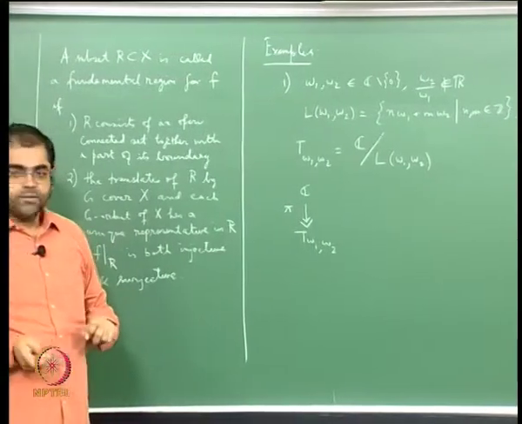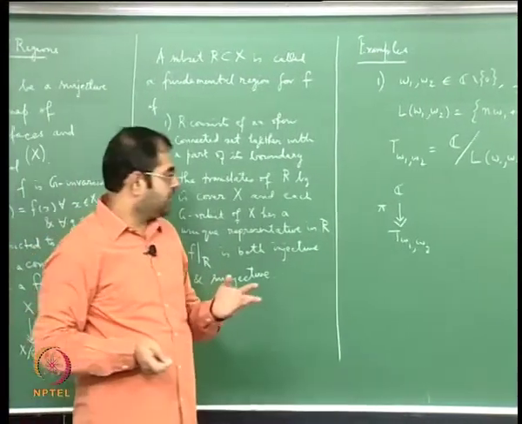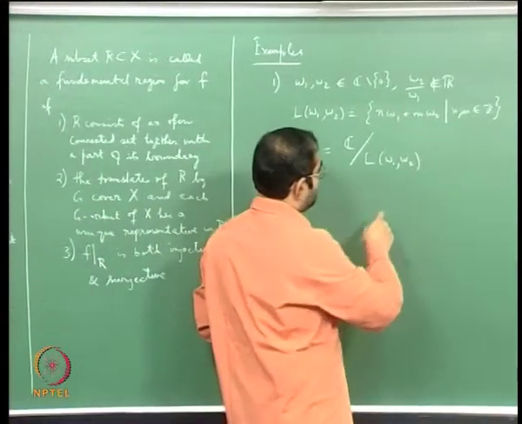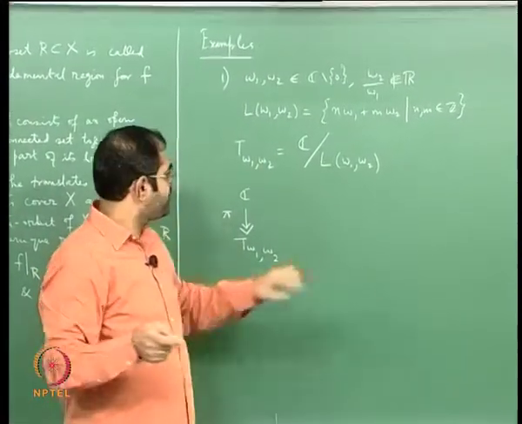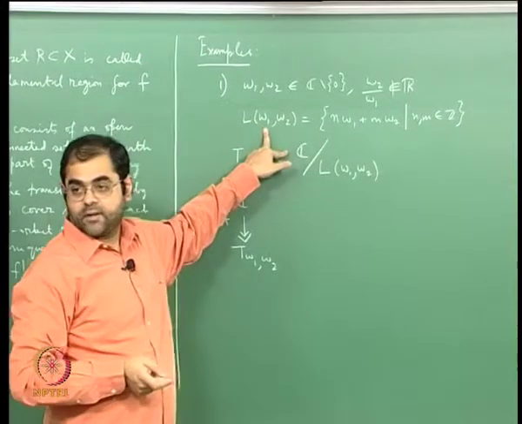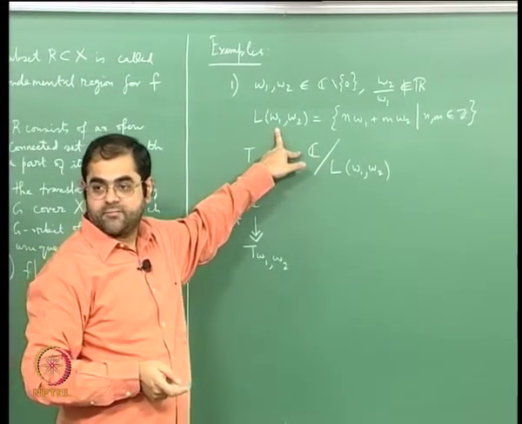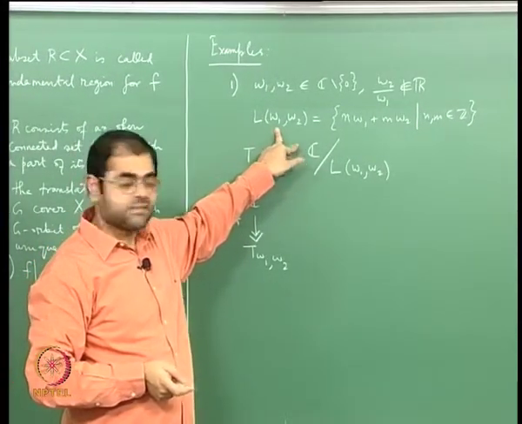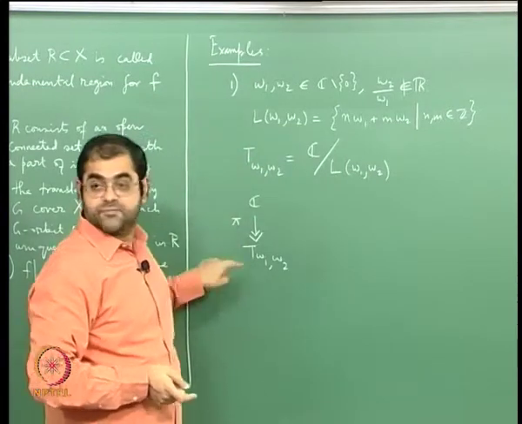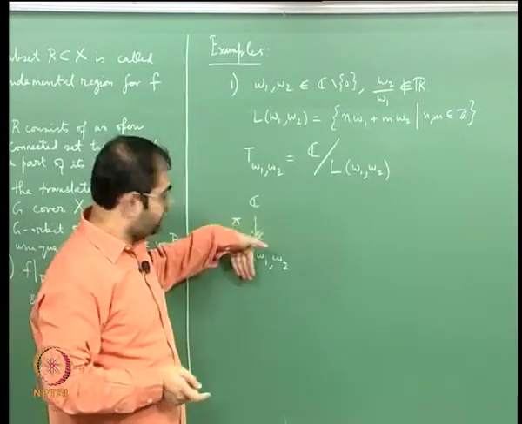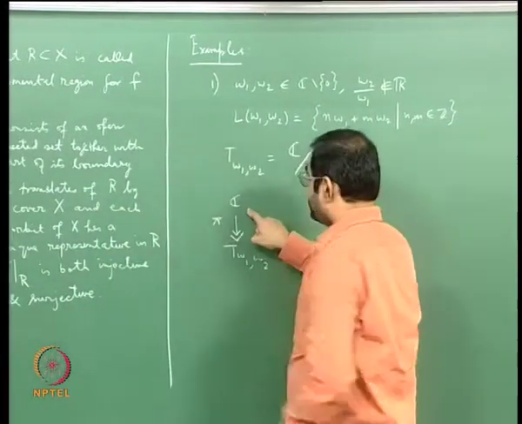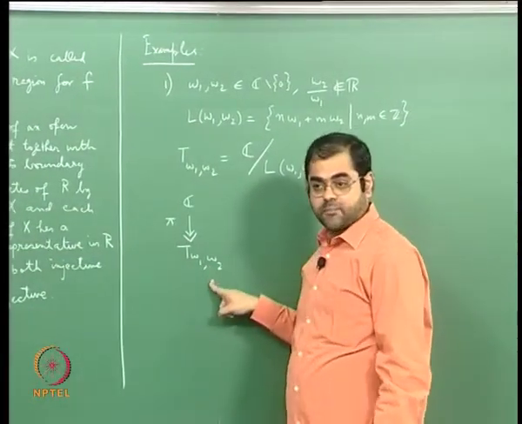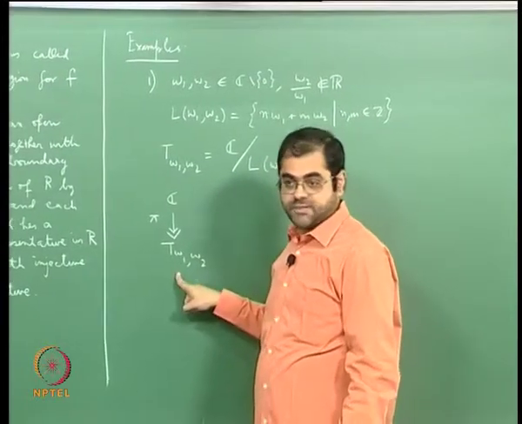The point I want to make is that if you take a portion of the fundamental parallelogram generated by omega 1 and omega 2, then that is a fundamental region for this map. This is a surjective holomorphic map, and these two are Riemann surfaces.